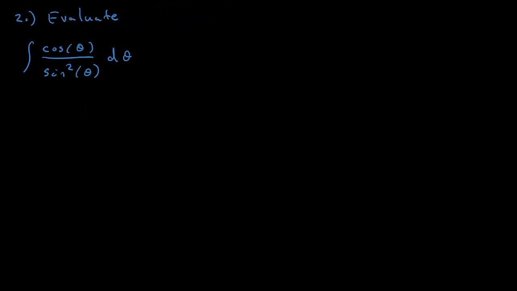All right, so this one, if you look at the table, hopefully you wrote the table down. If not, rewind the video, write it down so you'll have it in front of you. So if you look at this, we got the integral of cosine theta over sine squared theta. Now that looks like nothing in the table.